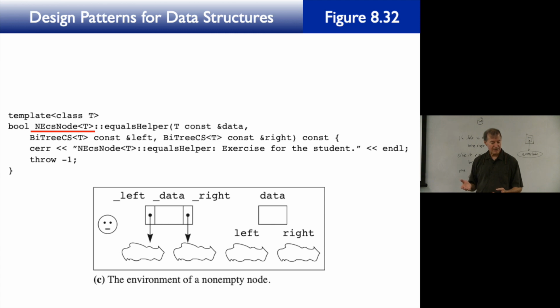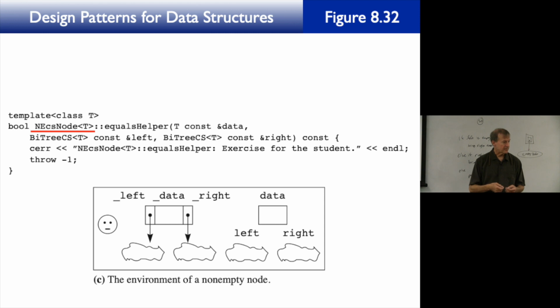Well, underscore left has to be equal to left, and underscore right has to be equal to right. But underscore left and left are both trees. So to answer your question, you do the tree equals.